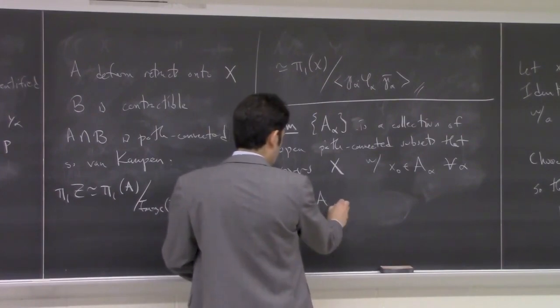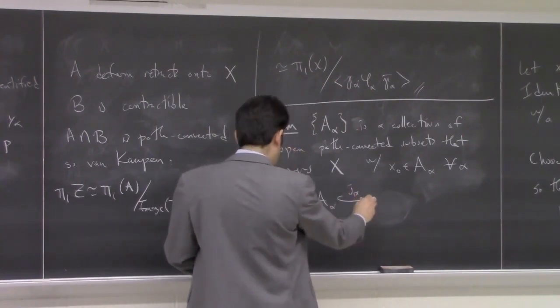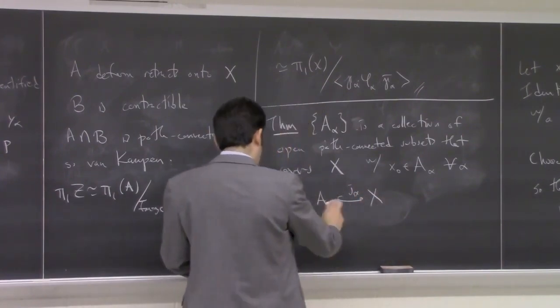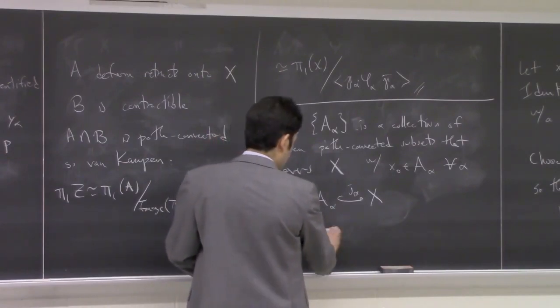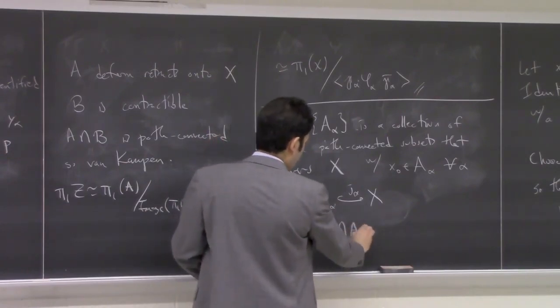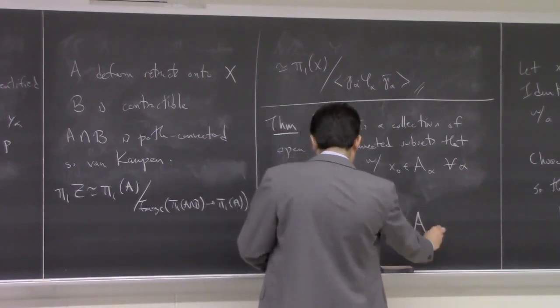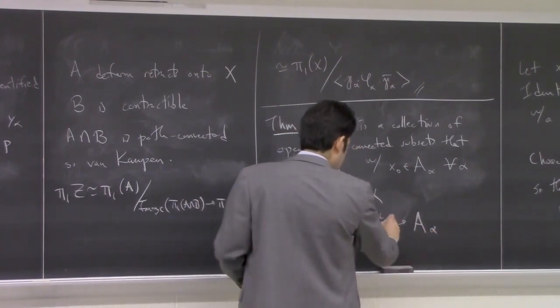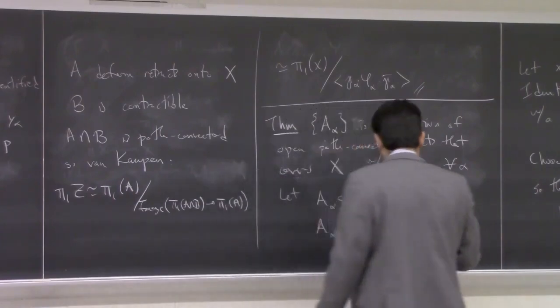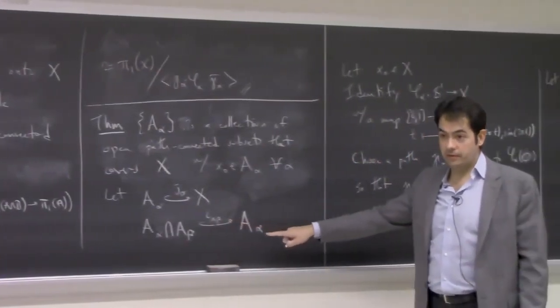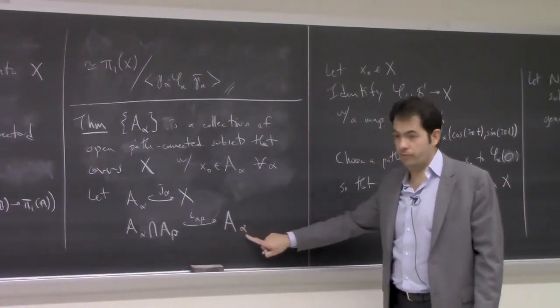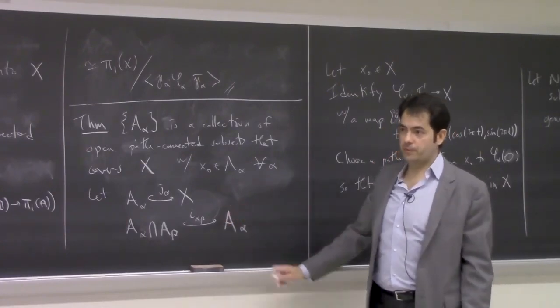So let J alpha be the inclusion of A alpha into X, and for each pair, let I alpha beta be the inclusion of the intersection of A alpha and A beta into A alpha. Right? So the order matters.